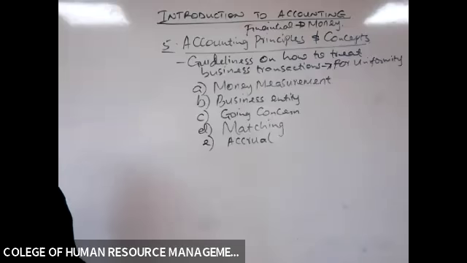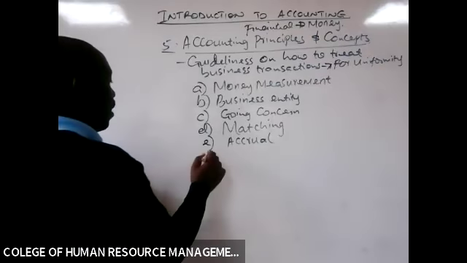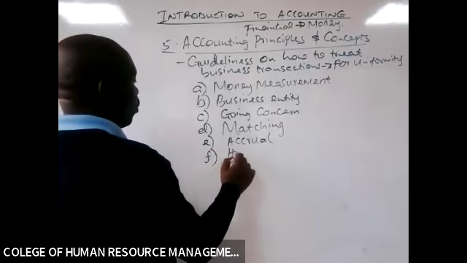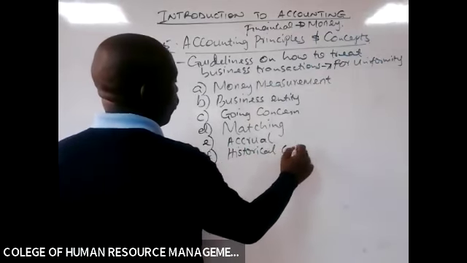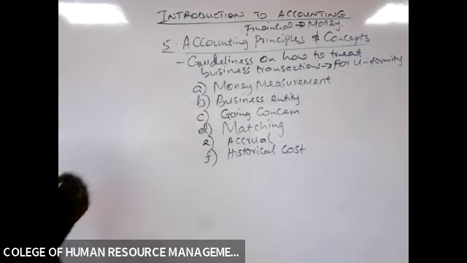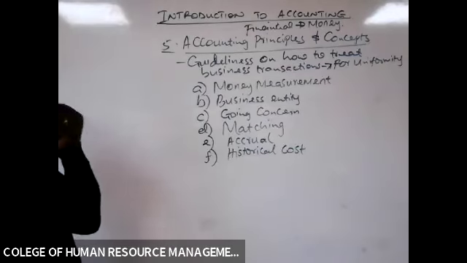The accrual concept. Then F, we have what we call the historical cost concept. Sometimes we call it the cost concept.